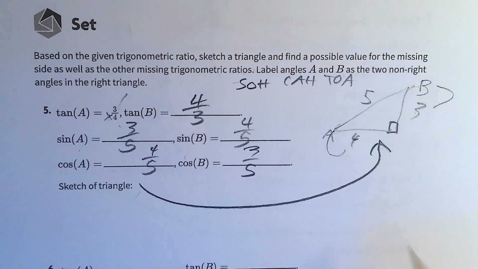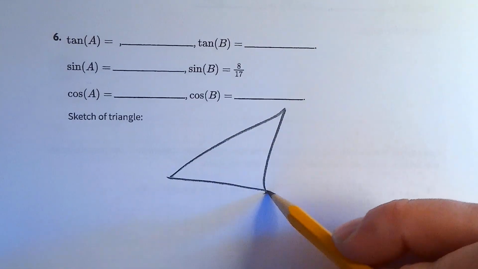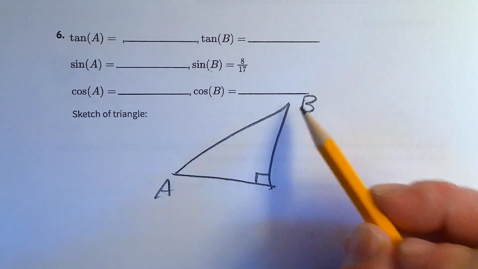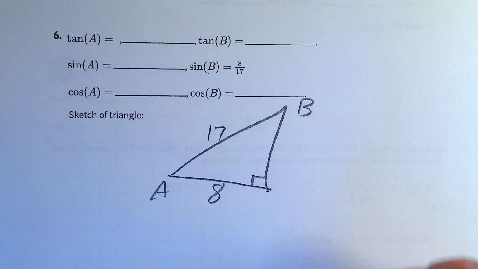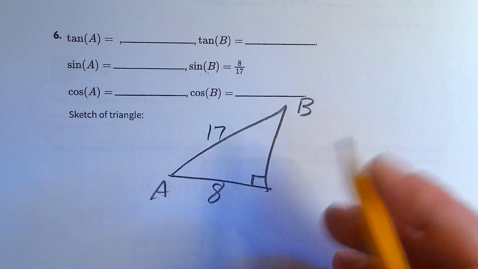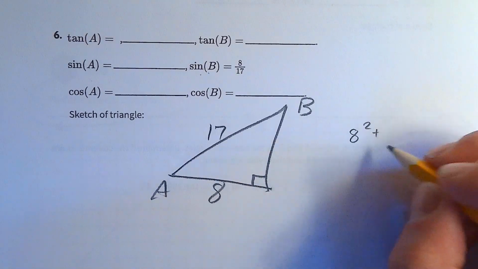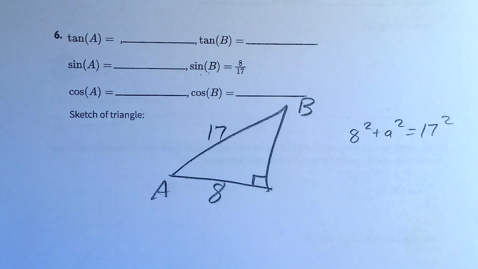Sketch of the triangle. I'll put it in the right spot this time. What the heck? Sine of B is 8 over 17. Cool. 8 squared plus A squared equals 17 squared.